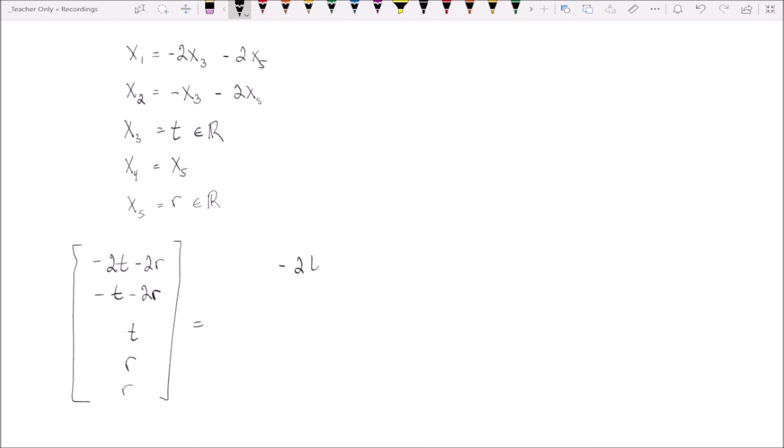Well, let's break this down. We have a vector for just the t, so we have negative 2t, negative t, t, 0, 0, plus then our r vector, negative 2r, 0, r, and r.